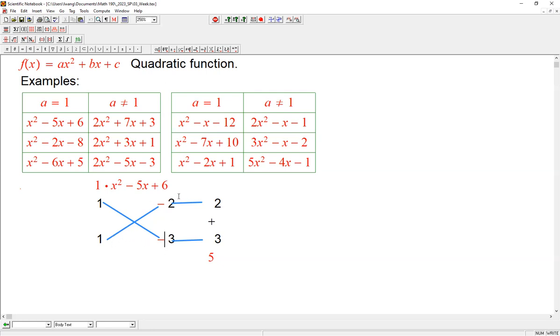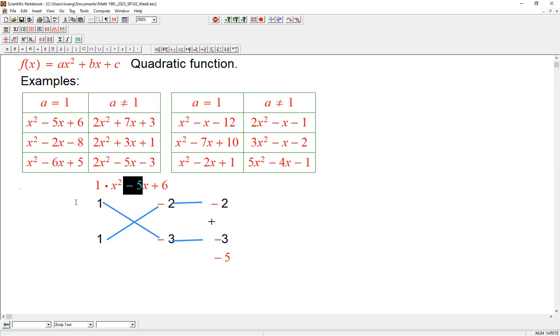I do the cross multiplication one more time. This time I get negative 2 and negative 3, and I'm still adding these two numbers: negative 2 plus negative 3 gives negative 5. And this negative 5 finally matches the negative 5 over here. This is the good news.